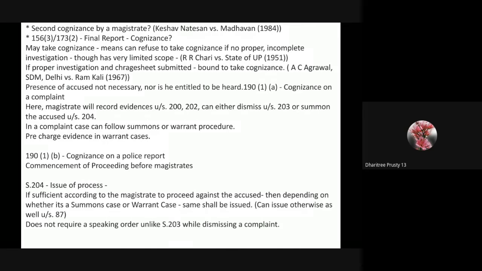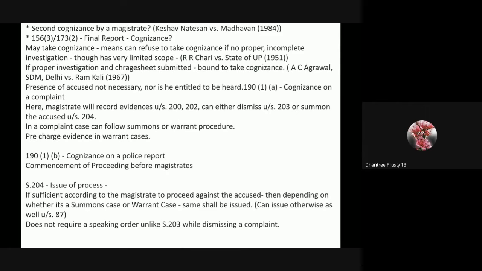Then, depending on whether it is a summons case or a warrant case, the same shall be issued. If it is a summons case, summons is issued. If it is a warrant case, a warrant is issued. But it does not have to be necessarily in that order, because if the magistrate is of the opinion that in a warrant case a summons has to be issued, he can go ahead with that. And in a summons case also, a warrant can be issued under section 87.